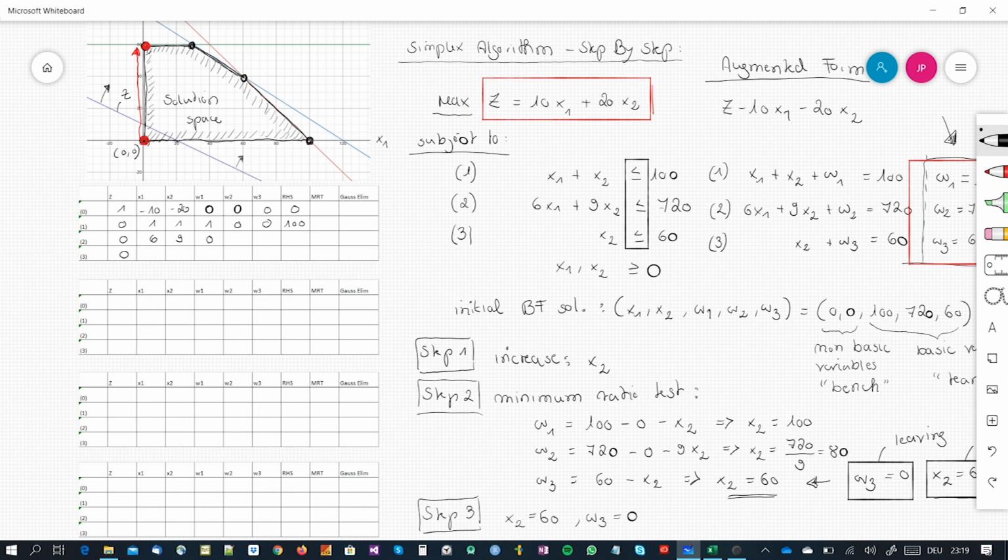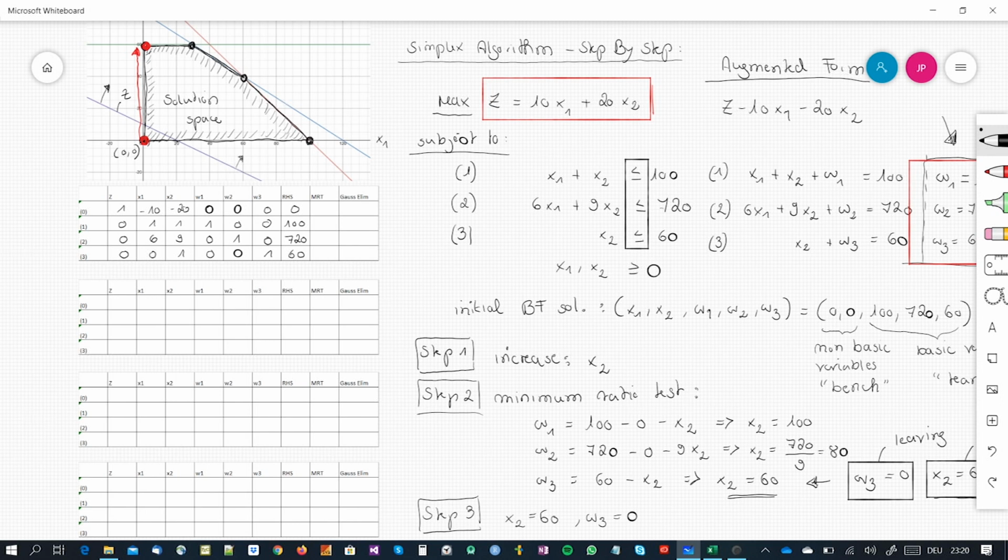The slack of W1 is 0, it's not included. The slack for W2 is 1, and for the third one it's 0, and the right-hand side is 720. Now for the third one, we don't have an x1 in the constraint, but one x2 and a slack of W3 and a value of 60 for the right-hand side.